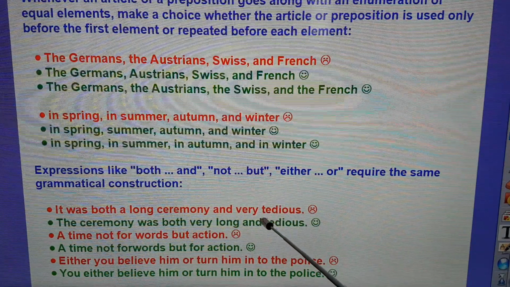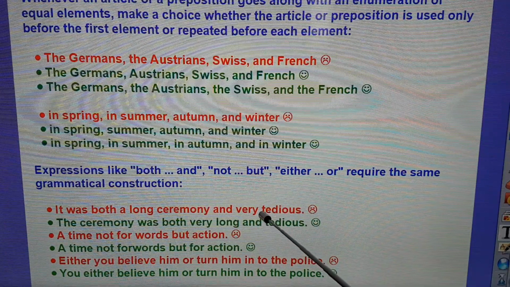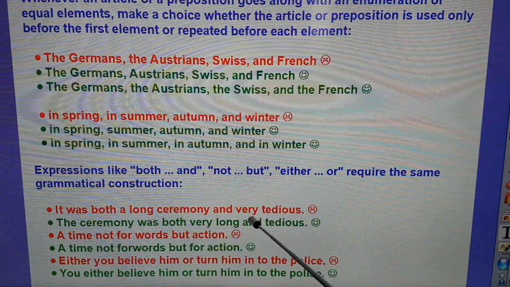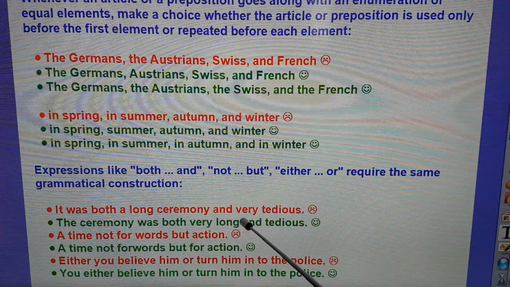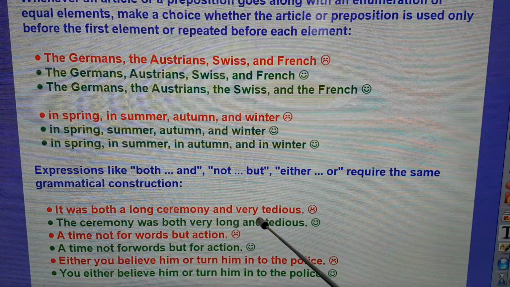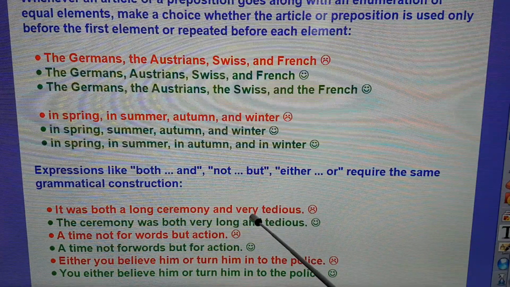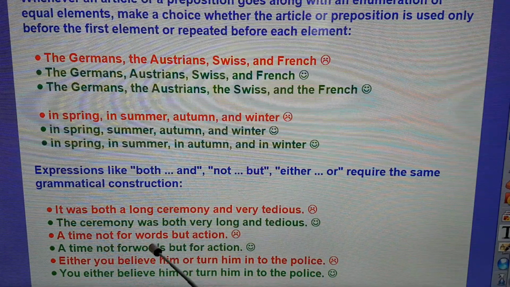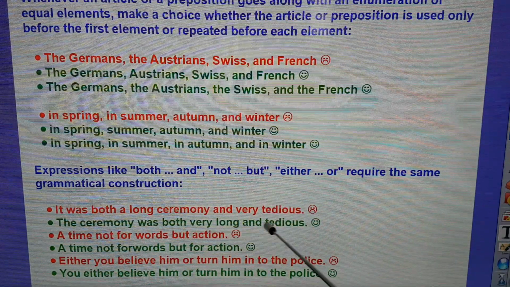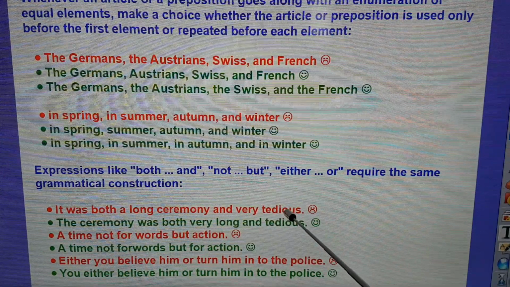This sounds like the author of this sentence thought of, it was long. Oh, yeah, and tedious also, right. It was both a long ceremony and very tedious. Doesn't sound good. Inelegant style. But what you can say is, the ceremony was both very long and tedious. This is good style.